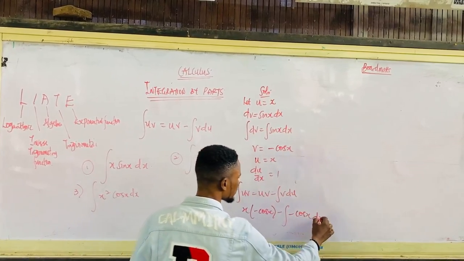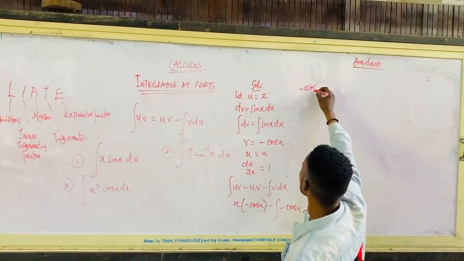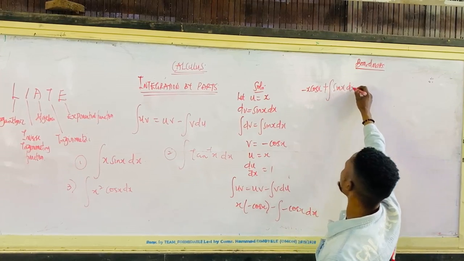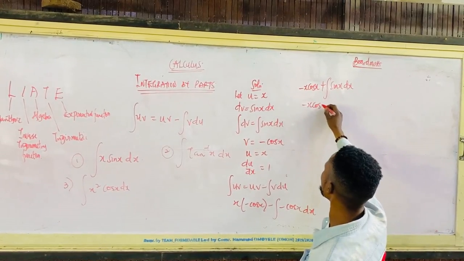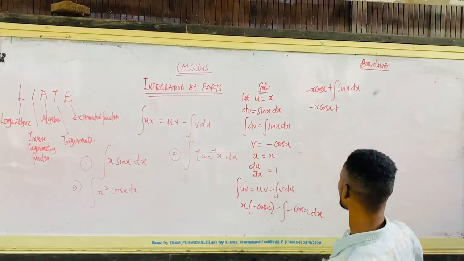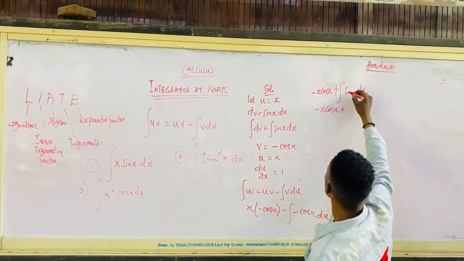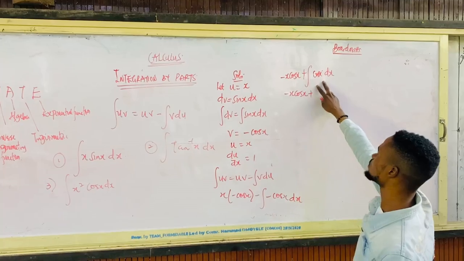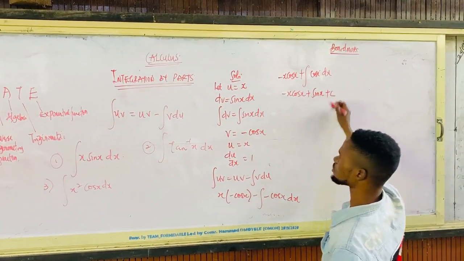Here that implies minus x cos x plus the integral of cos x dx. So if we integrate cos x, we are going to get sine x. That's minus x cos x plus sine x plus c.